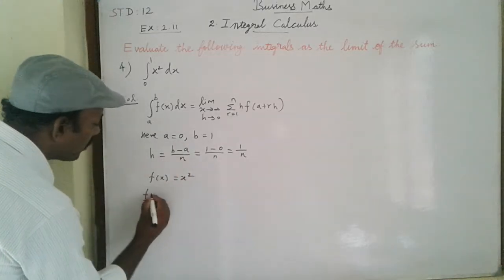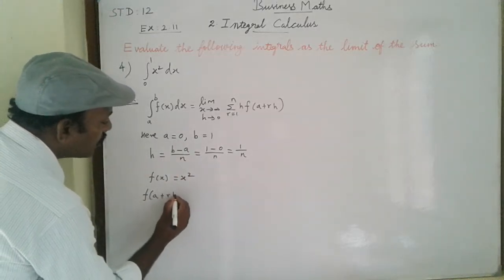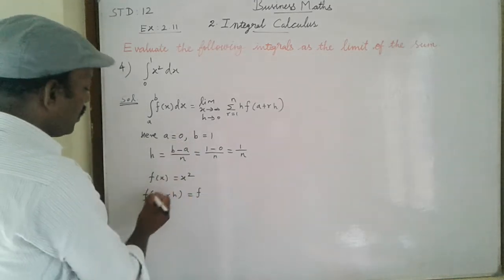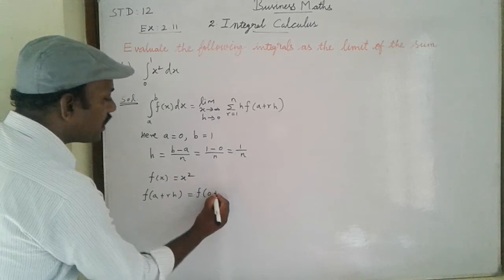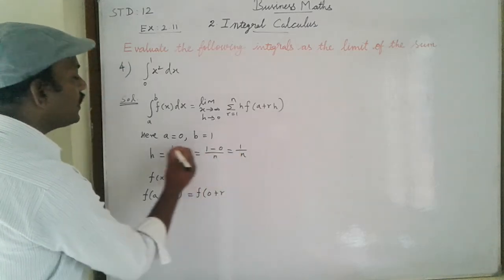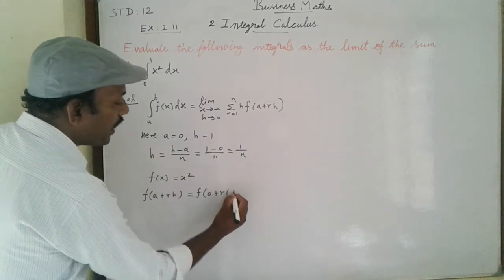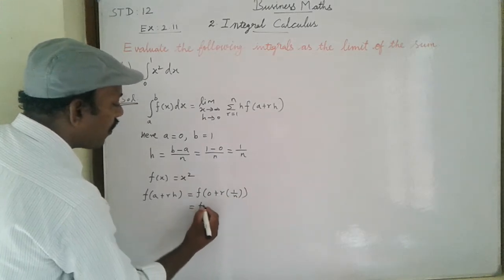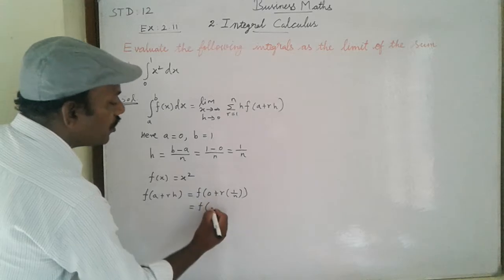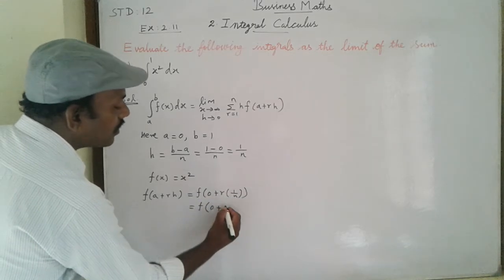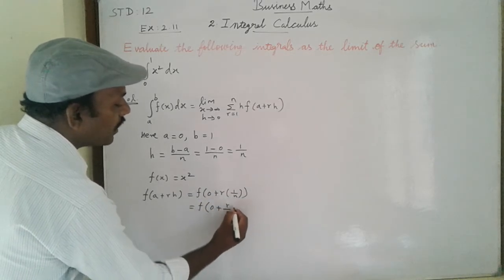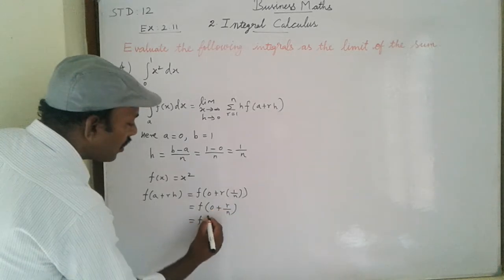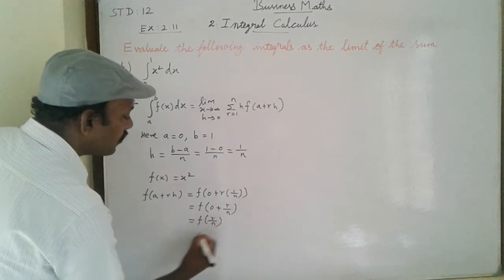We should find the f of a plus rh value. f of a plus rh equals f of a value 0, 0 plus r into the h value 1 by n, equal to f of 0 plus r into 1 is r divided by n. f of 0 plus r by n is f of r by n.